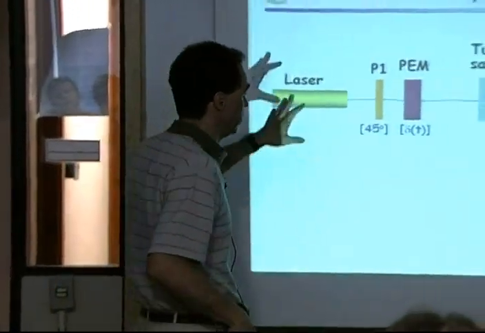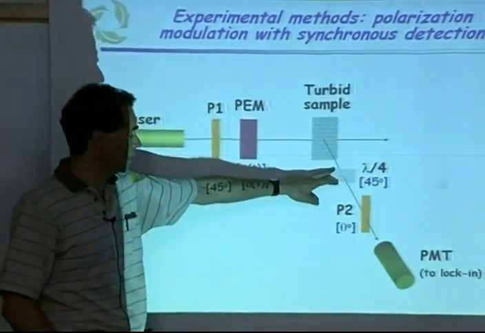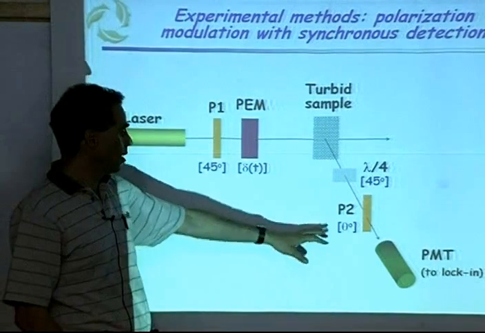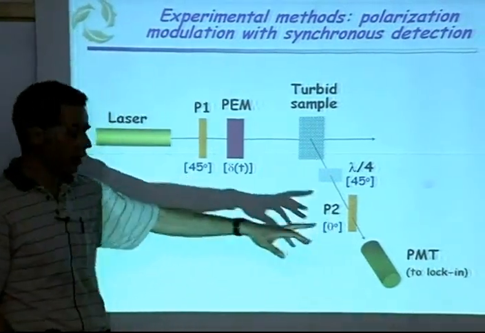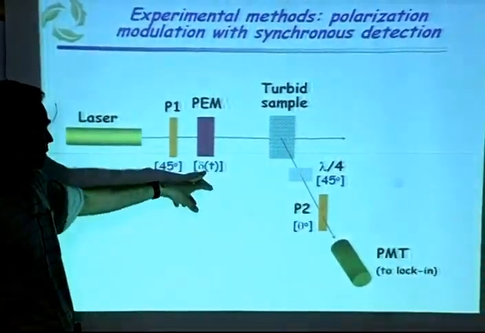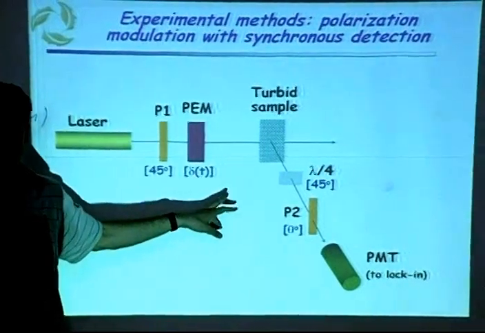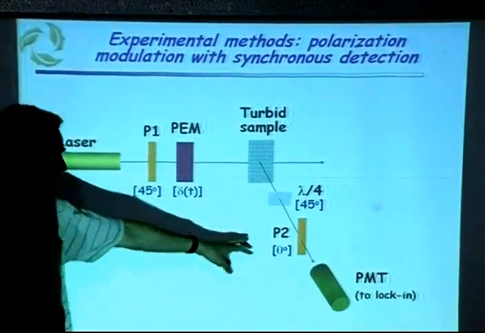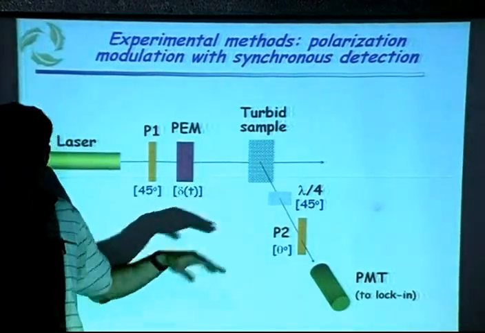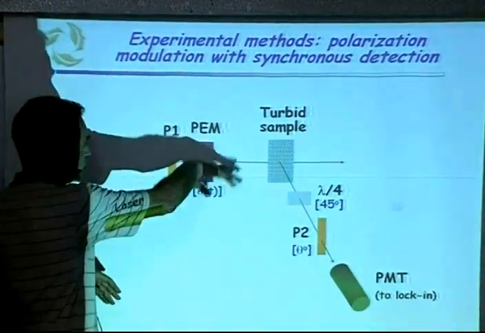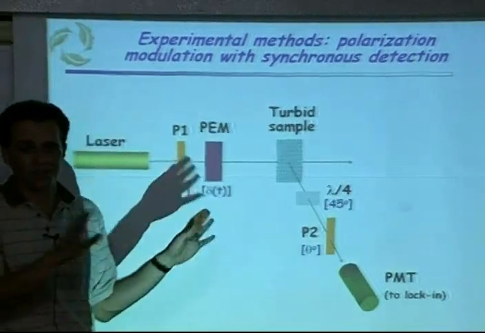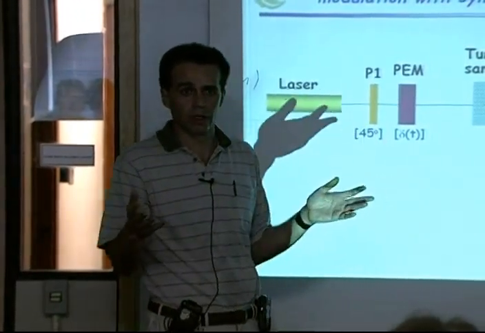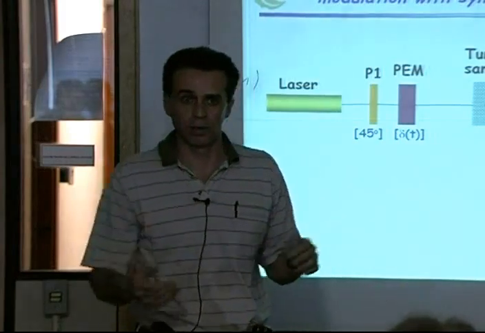And then we can use different analyzers, say quarter wave plates or linear polarizers, to look at linear and circular polarization states and measure this with a lock-in amplifier at the same frequency as this thing vibrates. And then that would be related to how much polarization is retained. So in other words, if at that frequency it measures nothing, if all the light is depolarized, no matter what you do here, then this will just measure a DC signal, and the degree of polarization is 0. So there's no information left in the polarization channels, if you want.